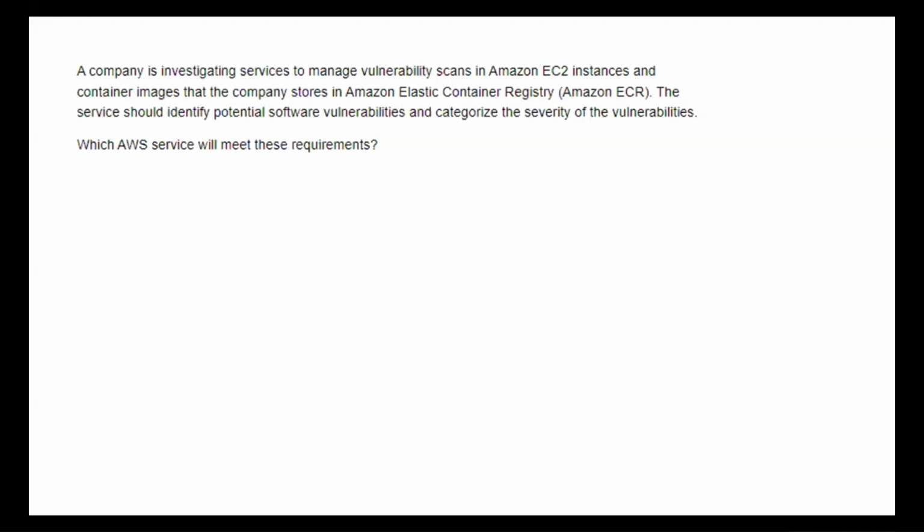A company is investigating services to manage vulnerability scans in the EC2 instances and container images that the company stores in the ECR. The service should identify potential software vulnerabilities and categorize the severity of the vulnerabilities, right? So which is a service in AWS which will identify the software vulnerabilities and is able to categorize them? That is the service we need to pick here.